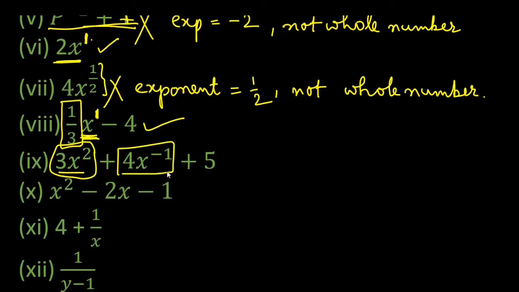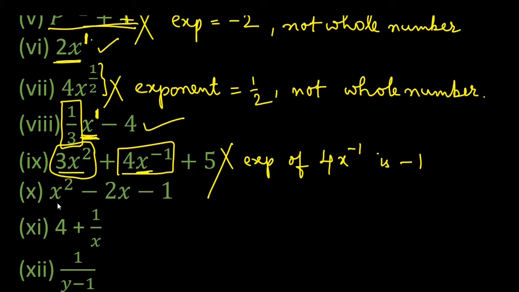In this term, 4x power minus 1, the exponent of variable x is minus 1. Minus 1 is not a whole number, so this expression is not a polynomial.